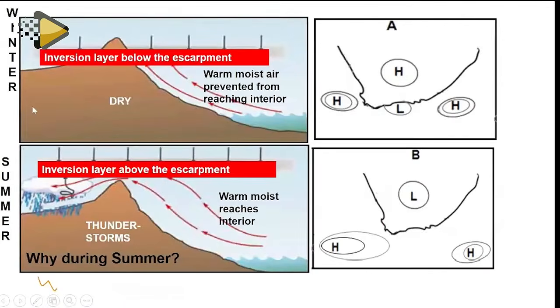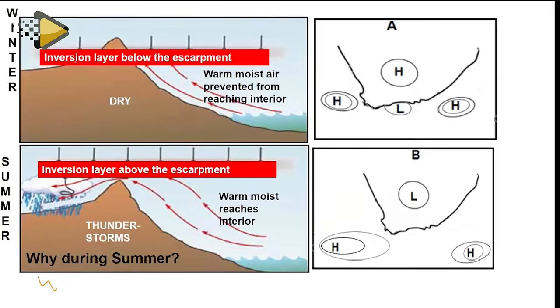Now let's look at the cross section. So what we're looking at here, this is the map view and this is a cross section. These two diagrams are indicating the winter season. So this diagram is showing us the cross section of the interior during winter.